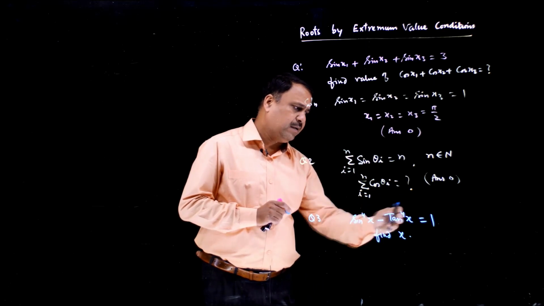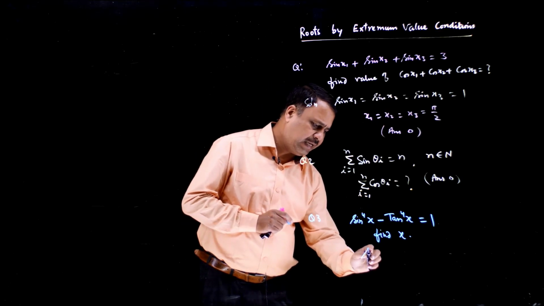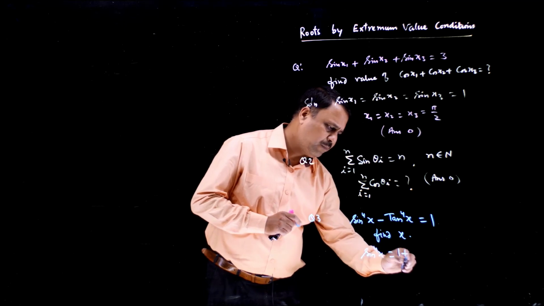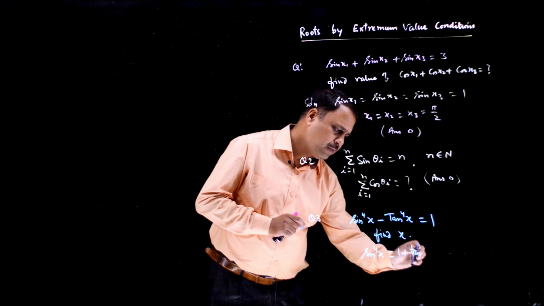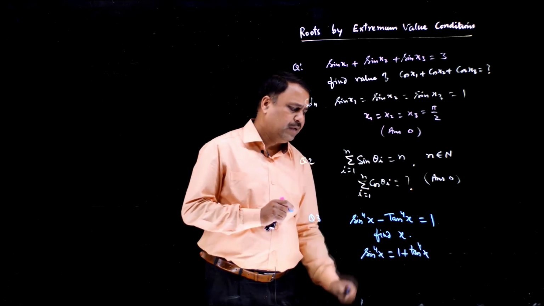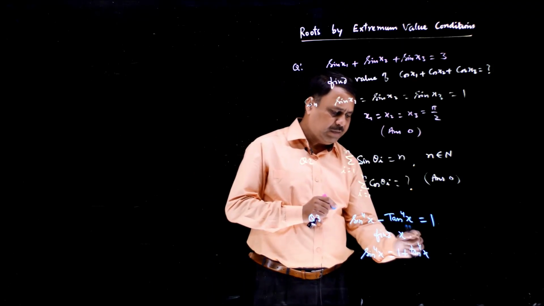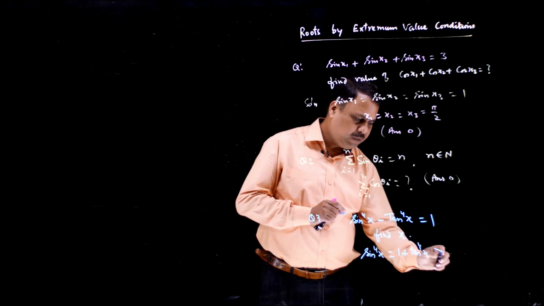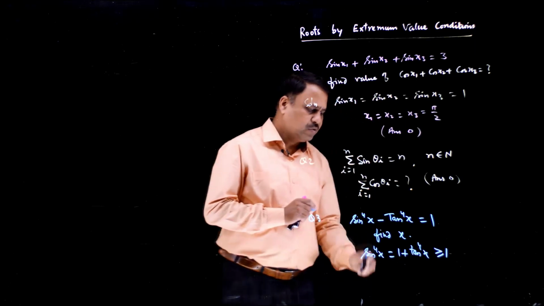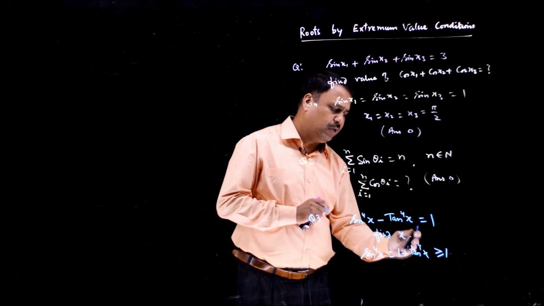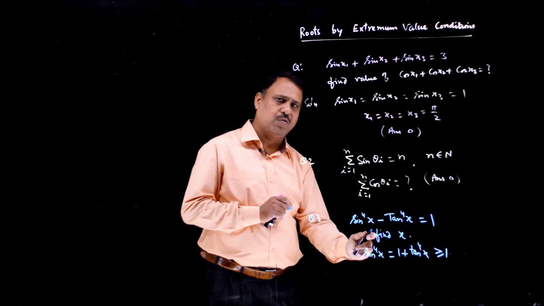So let us rewrite this equation. Write sin 4x is equal to 1 plus tan 4x. Now the power is even in both cases, not odd, which means this quantity is positive, so the right side will always be greater than or equal to 1. So when will this be equal to 1? When tan x is 0. If tan x is 0, sin will be 0.